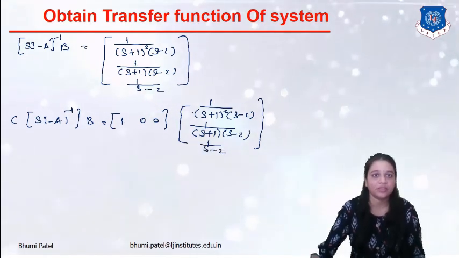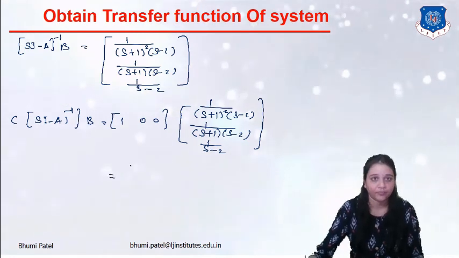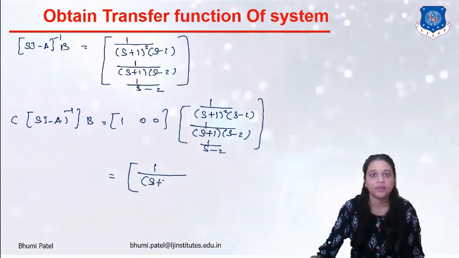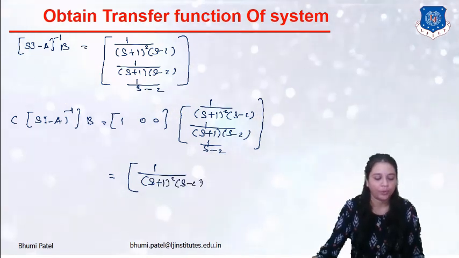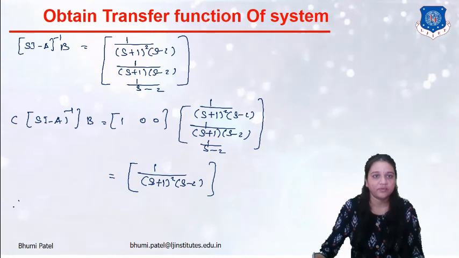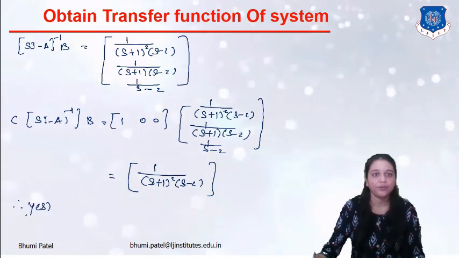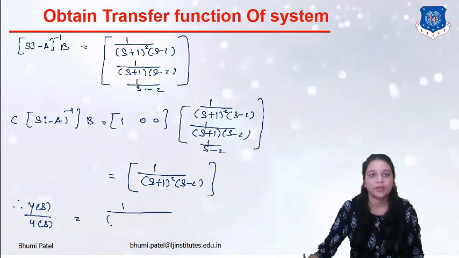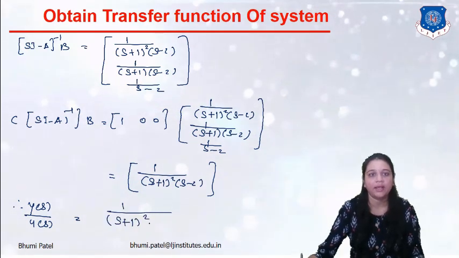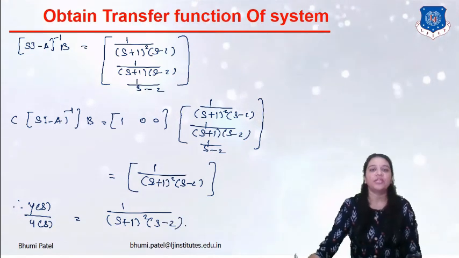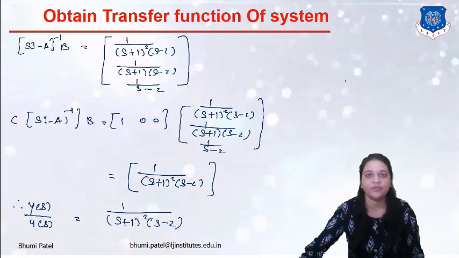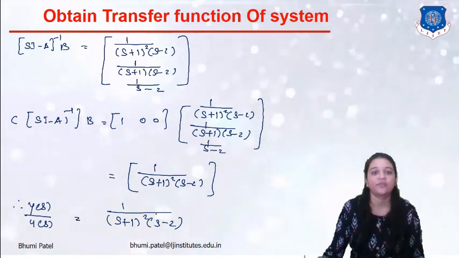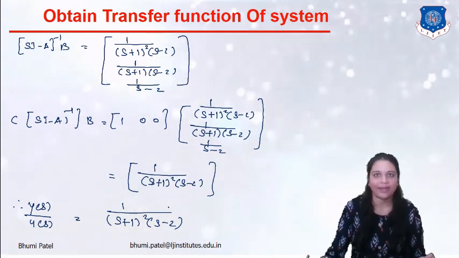So 1 into this term we can get 1 upon S plus 1 whole square S minus 2. Okay, so we can get the transfer function Y of s upon U of s is nothing but the 1 upon S plus 1 whole square S minus 2. So using the transfer function Y of s upon U of s, we can find out the transfer function of this particular matrix. Okay.